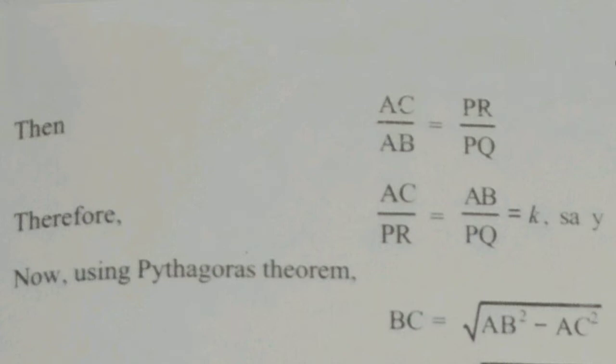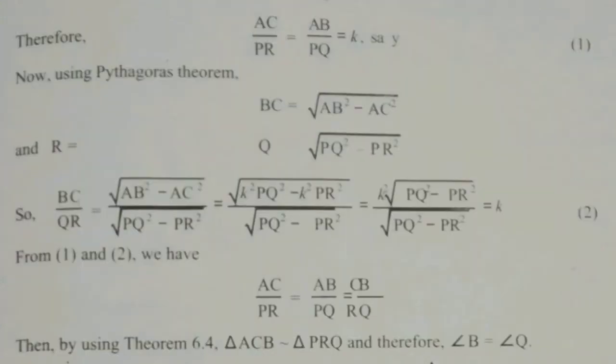Now using Pythagoras theorem, we get BC is equal to root of AB square minus AC square and QR is equal to root of PQ square minus PR square.